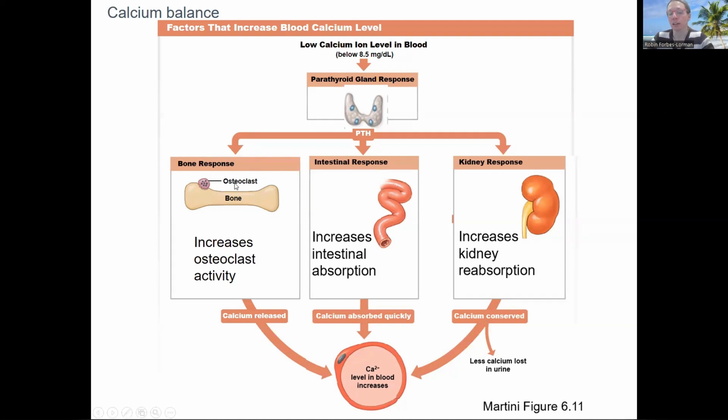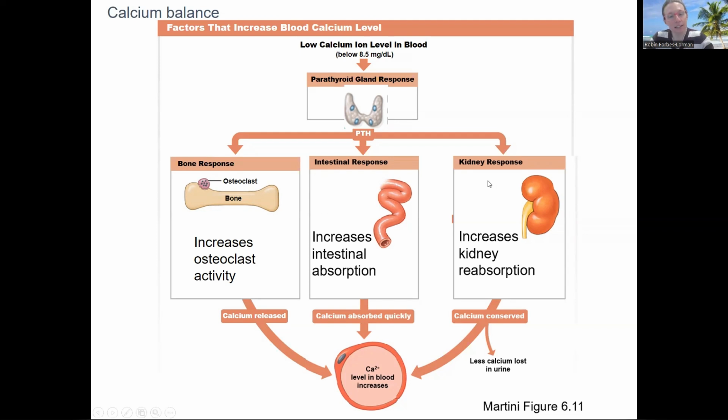Bones we talked about in the fall related to osteoclast activity, which releases calcium. Intestines, we talked about this semester, not in detail, but we have talked about absorption that happens in the intestines, largely the small intestine. And so we can regulate how much calcium is absorbed and absorb more when levels are low.